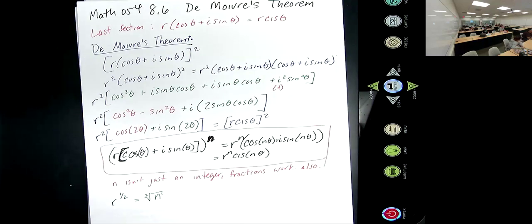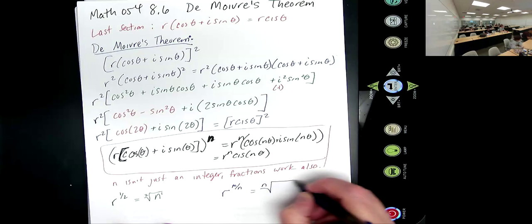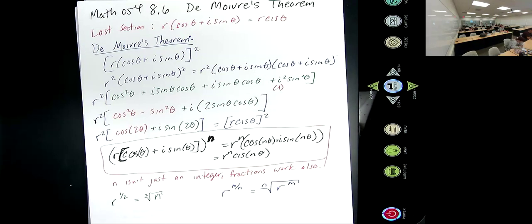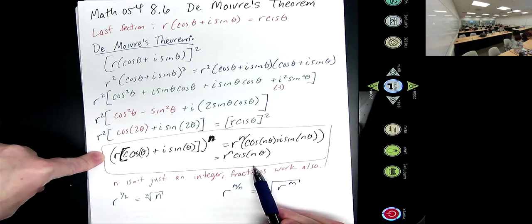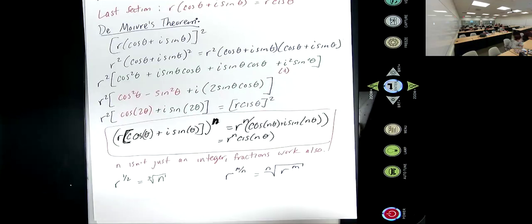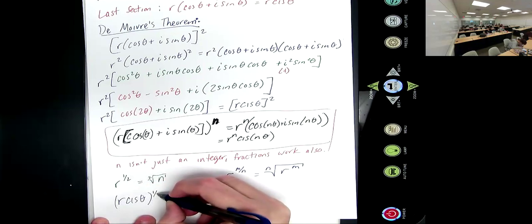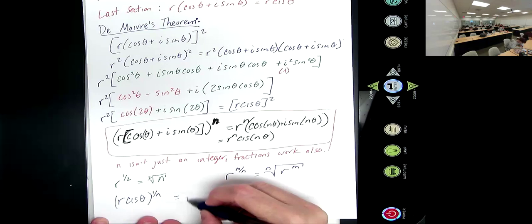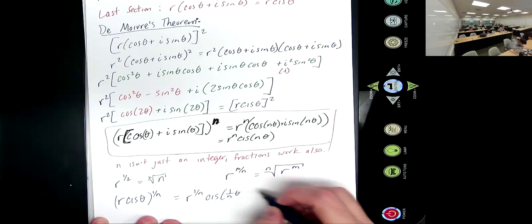The general form, we have R to the m over n is the nth root of R to the m. That applies here as well, where the n goes on the inside though, it's just treated as a fraction, not a root. So if I rewrite it in a different format, R cis theta to the 1 over n, I get R to the 1 over n cis 1 over n theta.